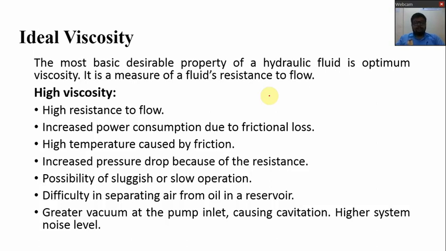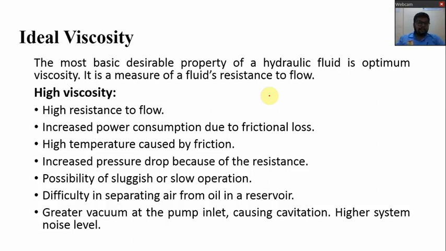The viscosity of the fluid should be high enough to seal the working gap between the parts and prevent leakage, but low enough to allow easy flow throughout the system. So in a single property we require two things. If we increase the viscosity, our first purpose is solved: it will make a seal in the working gap between the parts and prevent leakage.